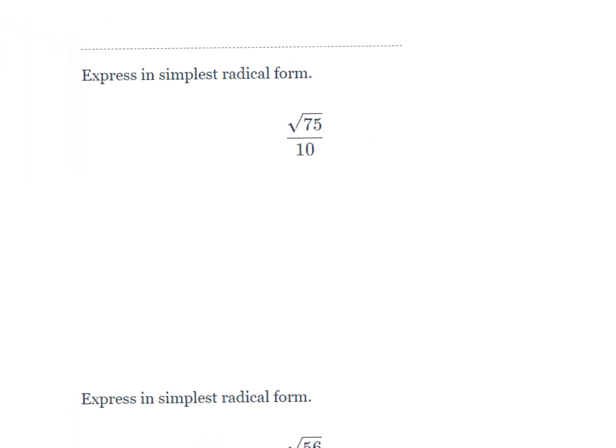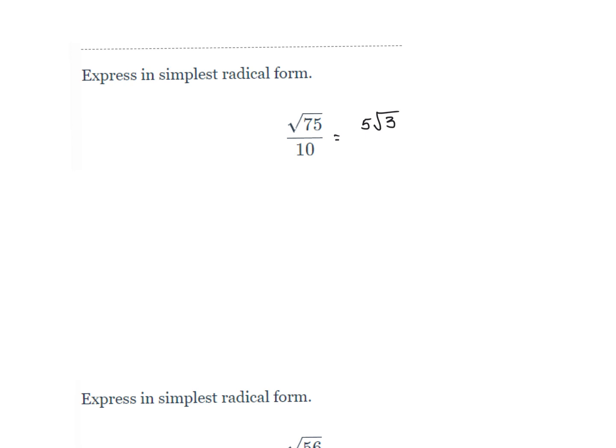So let's see if we can simplify the 75. And you can. It's going to be this, okay? If you need to pause and see how I got that, that's not a bad idea. But to avoid giving you too much information at once, I'm just going to skip stuff we learned yesterday and the day before.